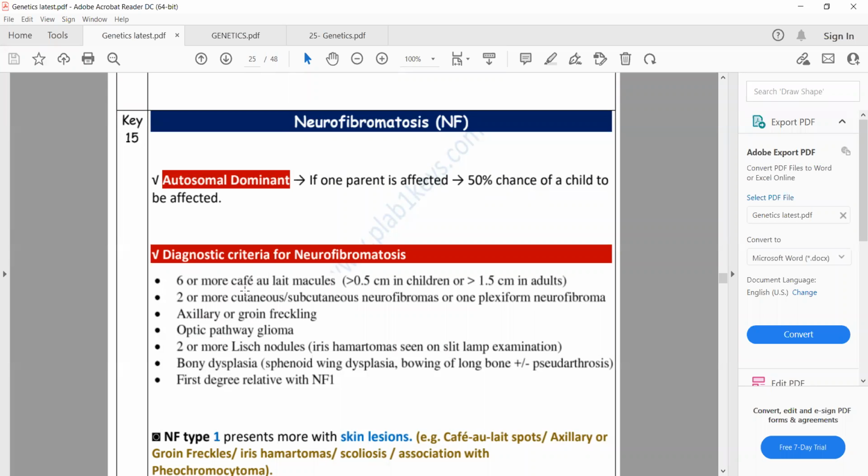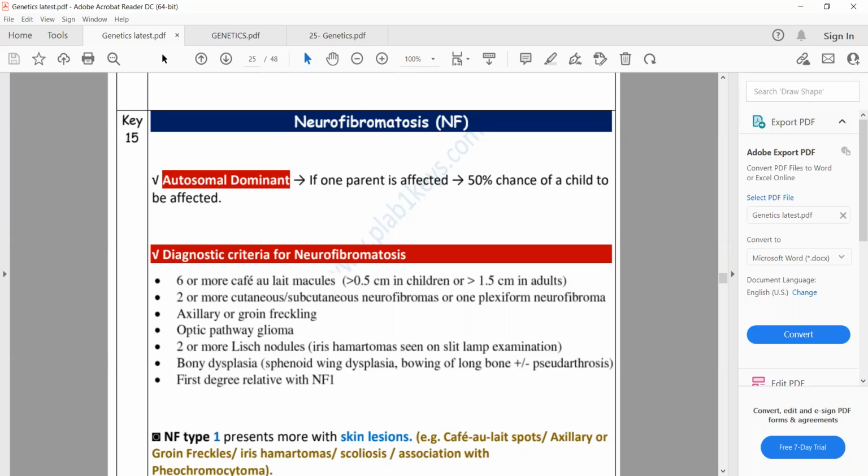neurofibromatosis. So 6 or more cafe-au-lait macules, 2 or more subcutaneous neurofibromas, or 1 plexiform neurofibroma, axillary or groin freckling, optic pathway glioma, bony dysplasia such as sphenoid wing dysplasia, bowing of long bones which results in pseudarthrosis, and first degree relative with neurofibromatosis type 1.